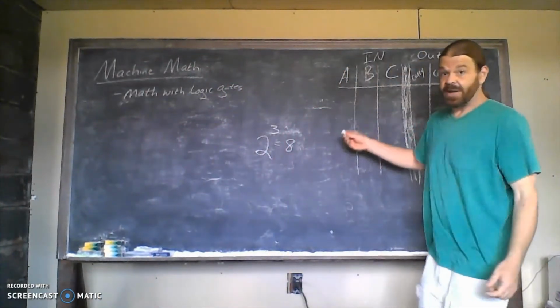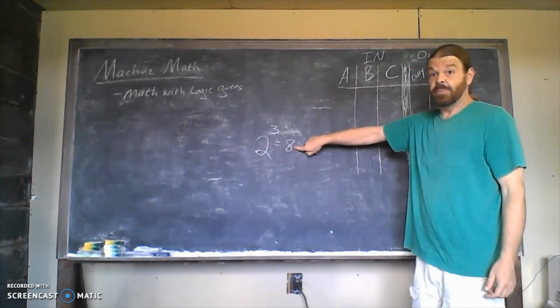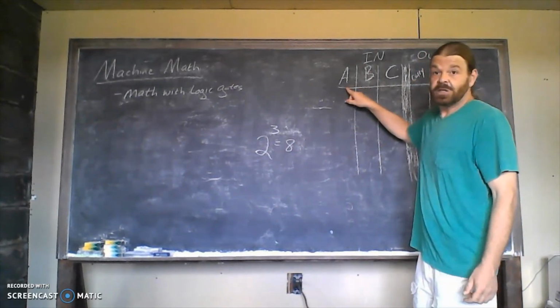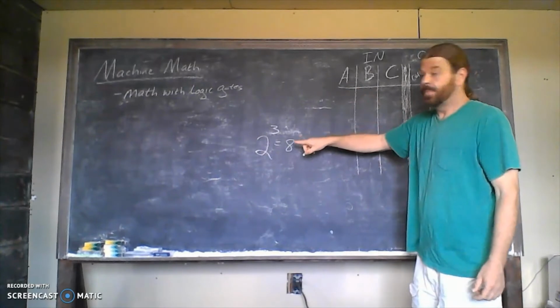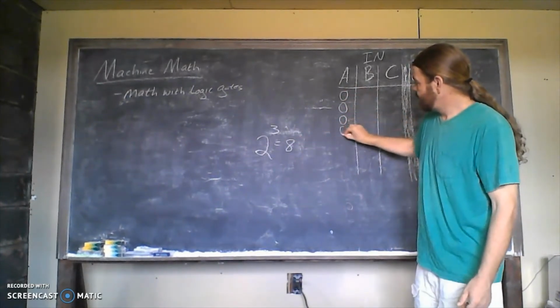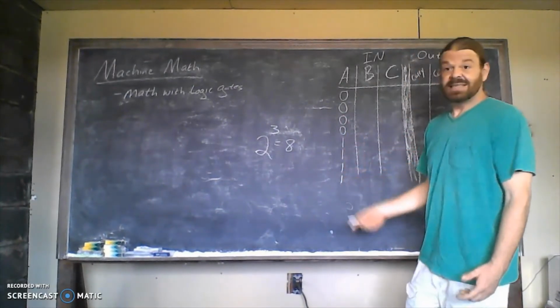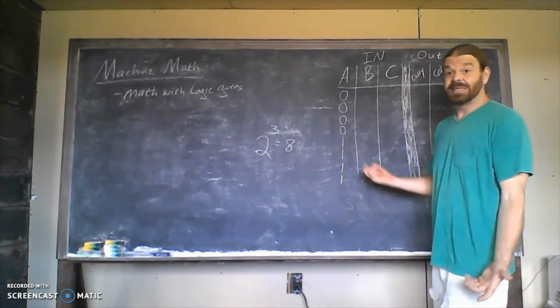My method of keeping this organized is I figure out how many combinations we have, and then in the first column, I'll do half of them as zeros and half of them as ones. Just a systematic method to make sure I don't miss anything.